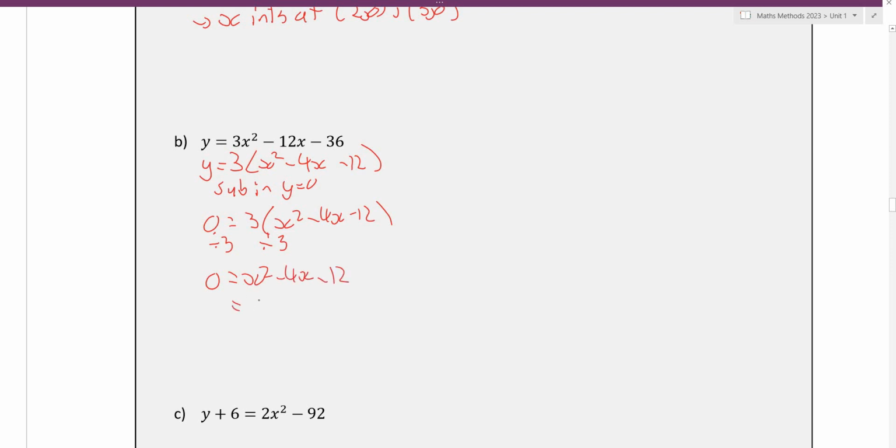Then I can say that equals x plus u, x plus v, and I want a u and a v such that they add to -4 and they multiply to -12.